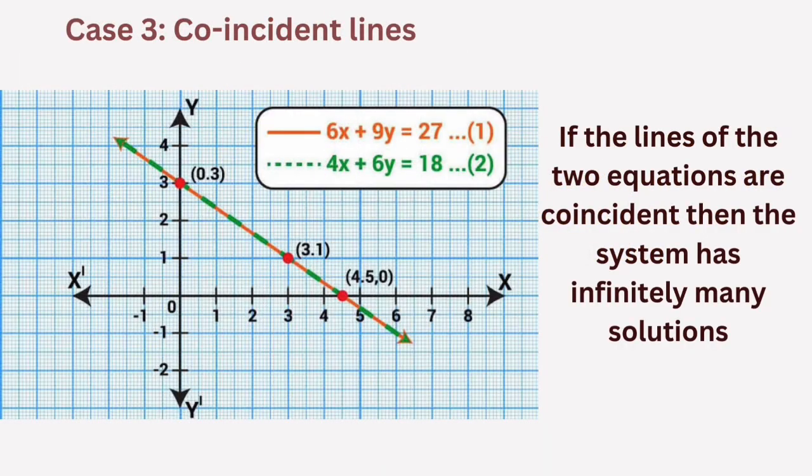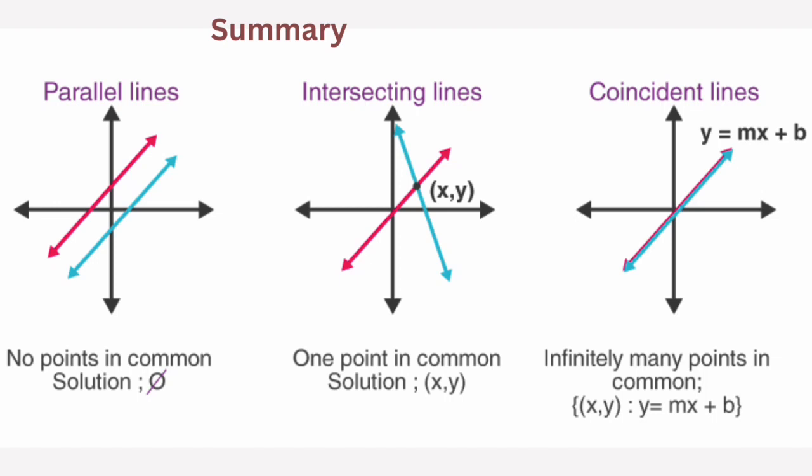After plotting your graph, if your two lines lie on each other, that is, they coincide with each other, this shows that your equations have many solutions. So in summary, our simultaneous equation graph could be parallel, intersecting, or coincident.